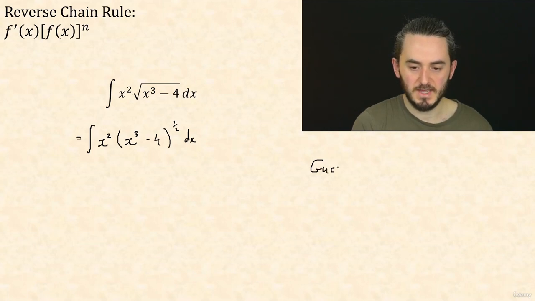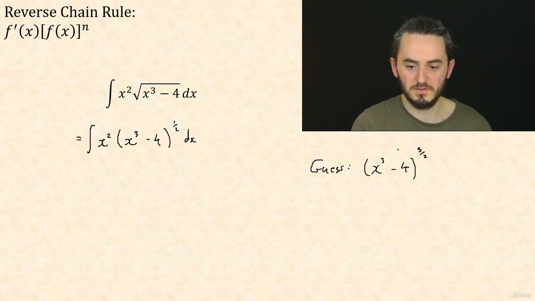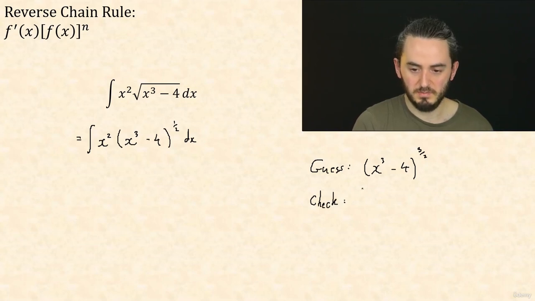So my guess has to be that this bracket, x cubed minus 4, got differentiated down from something where the power was 1 higher. So 3/2, up from a half to 3/2. So we check this now by differentiating.